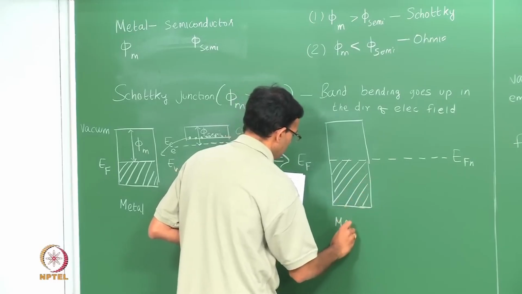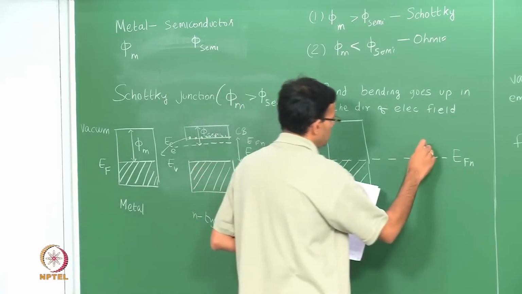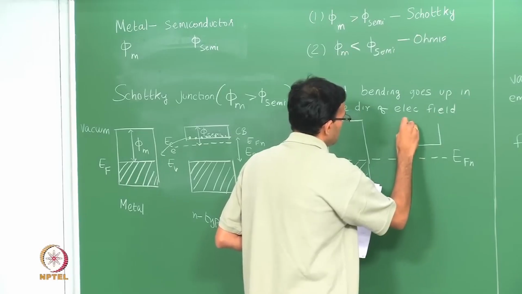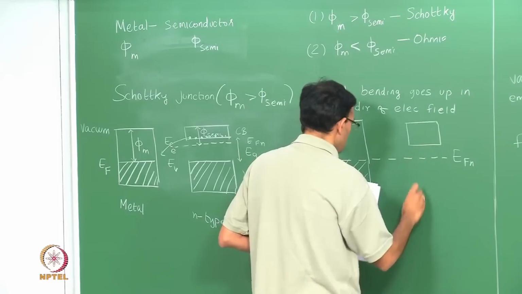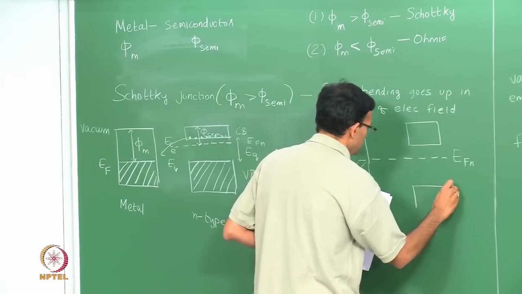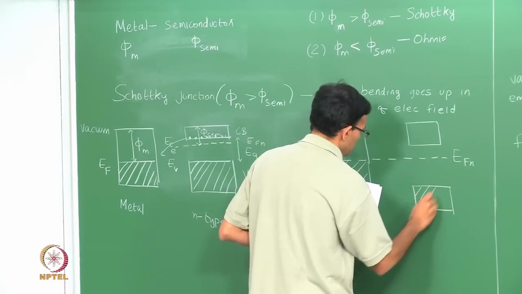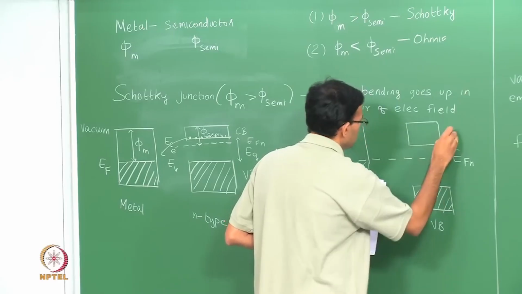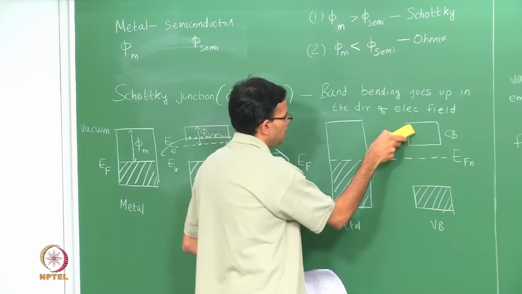This is your metal. Far away from the junction, the semiconductor behaves like an n-type. So you have a conduction band and you have a valence band. Let me just erase this line.